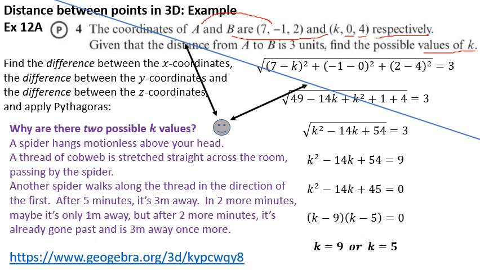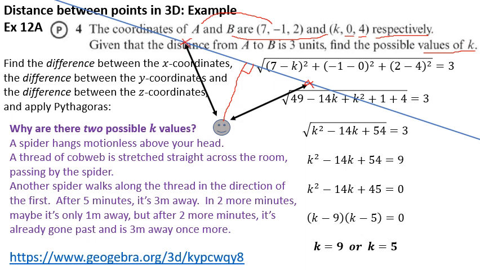If our little friendly spider you can still see on the screen wanted to get to that thread, its most efficient route would be directly down the middle of that isosceles triangle we've drawn, perpendicular to the thread itself. That will give it the shortest possible distance. And then either side of that, there are always going to be 2 different places that are a particular distance away from the spider, because the other spider gets closer and then it gets further away.